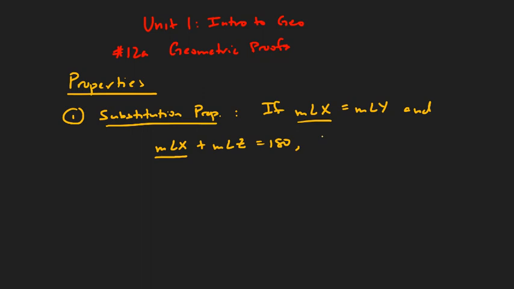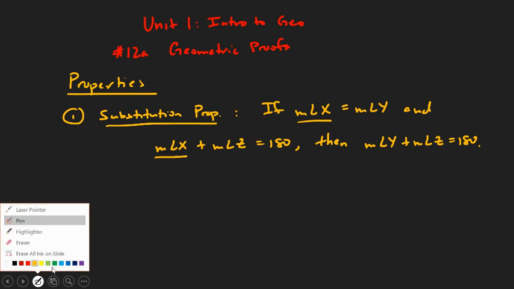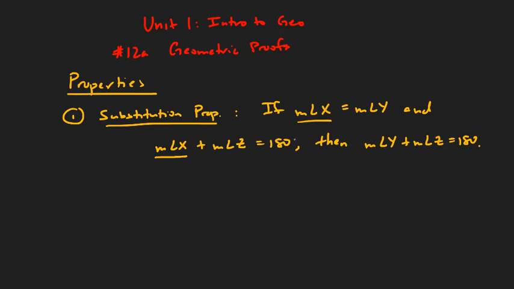So then the measure of angle y plus the measure of angle z is 180. What we did is take out x, and I put the y in its place. That's called substitution.